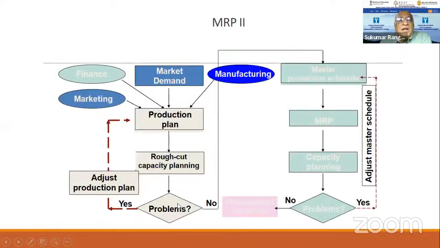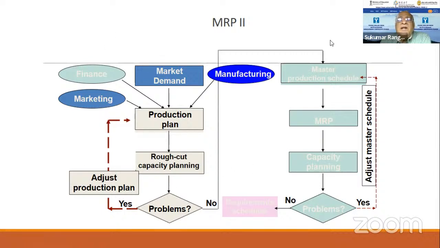Given pictorially, from market demand, there is a production planning, there is a rough cut planning, and that in turn goes to master production schedule, to MRP capacity planning, and then goes back to adjusting the master production schedule.